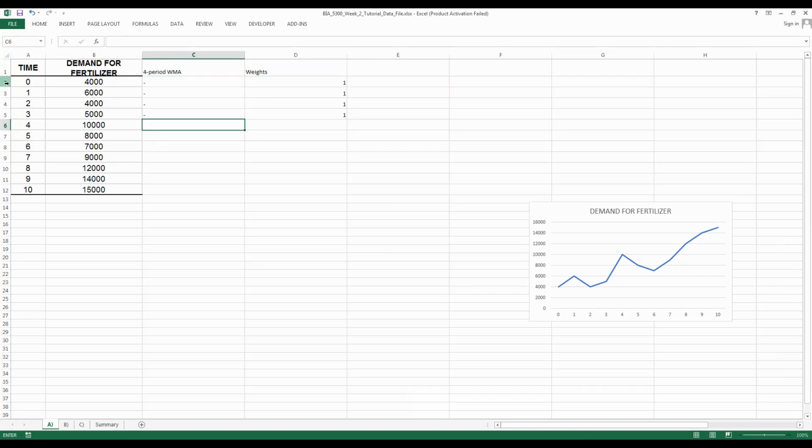So what am I going to do then? I'm going to implement my weighted moving average formula. Remember what that was? SUMPRODUCT of these, which are static, and these, which are not static, divided by the sum of these, which are static.